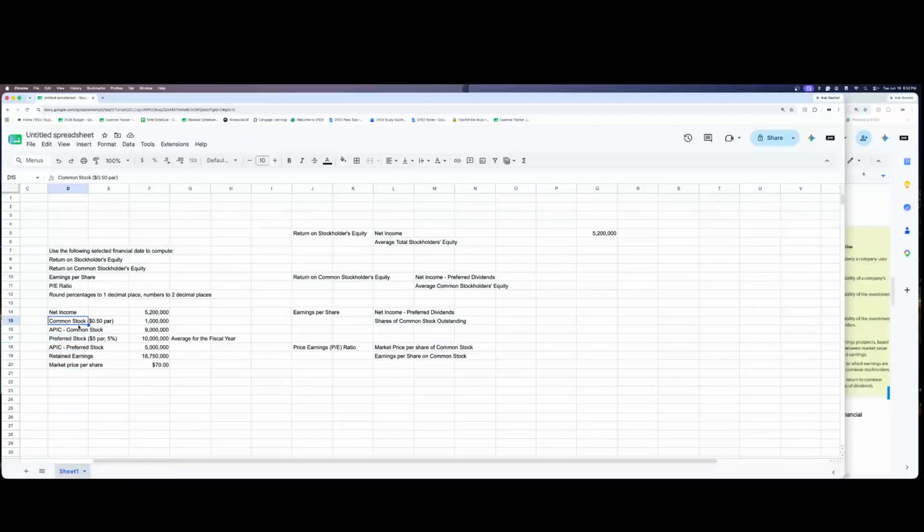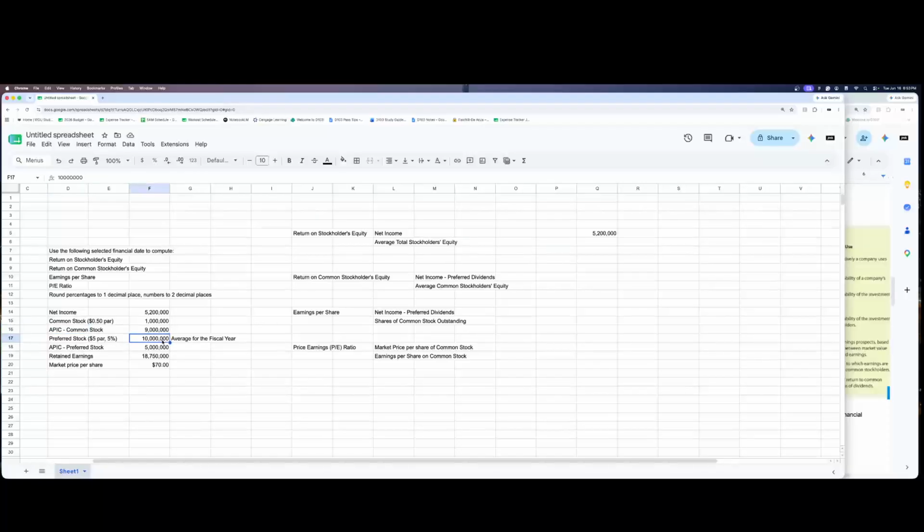you're going to see, let's see, average total stockholders' equity. It's going to be common stock here, as well as additional paid-in capital, the excess paid over par. It's how much you paid over par.